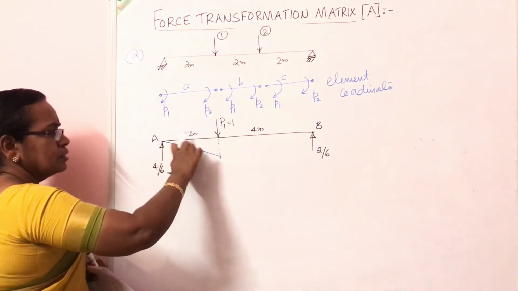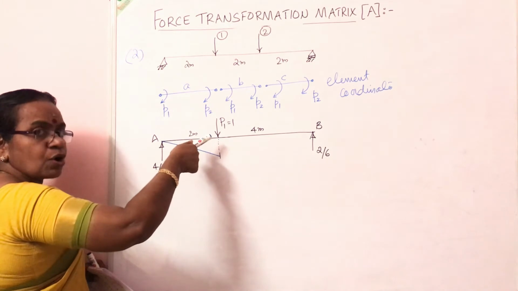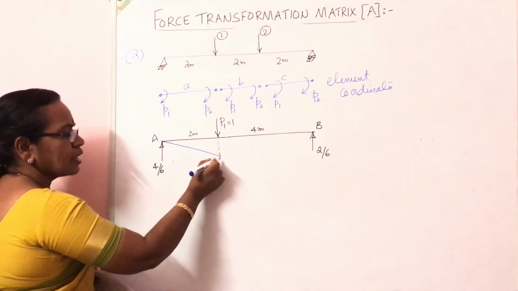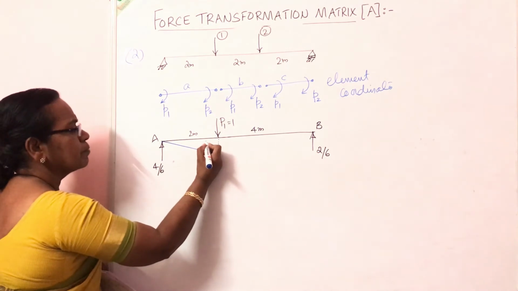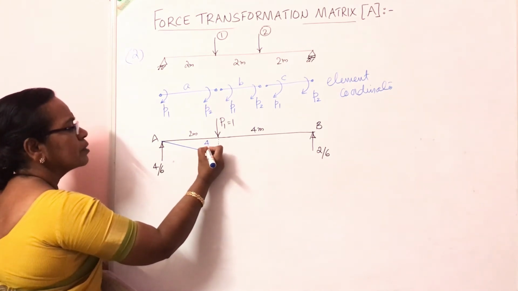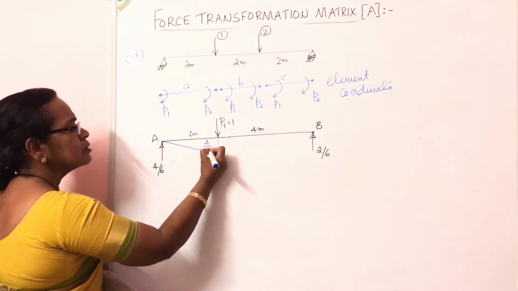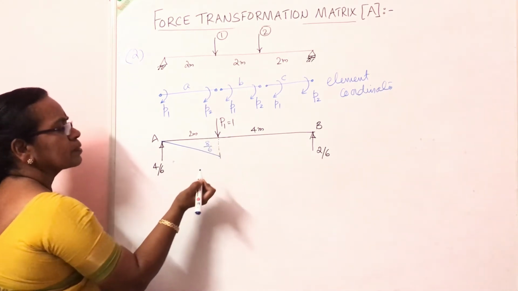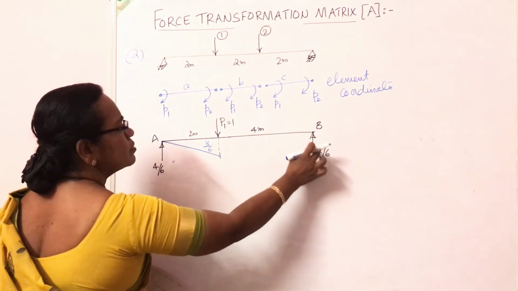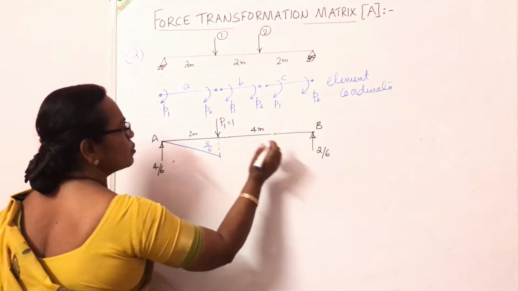With reference to this, take moment about this, clockwise direction, so the line has to come down. 4 by 6 into 2 will be 8 by 6. From this side, 2 by 6 into 4, that also is 8 by 6.